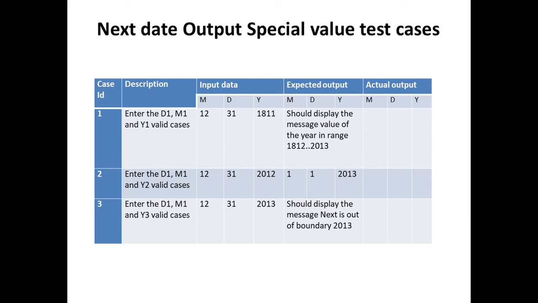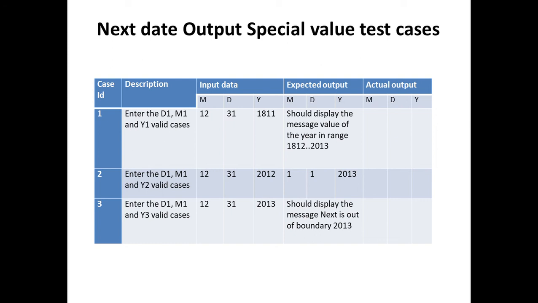But with respect to your program, the output you get should display the message: value of the year not in range 1812 to 2013. So what we are doing is setting some boundary for the year also.